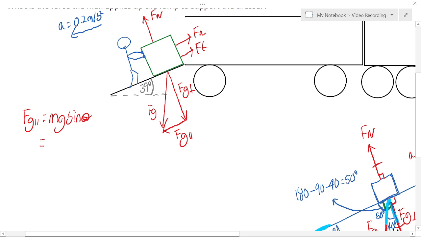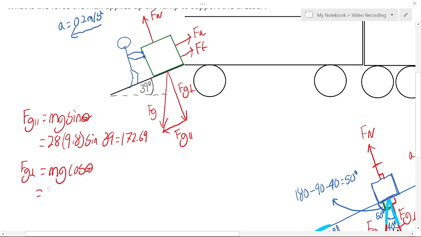In this case, FG parallel is equal to 28 kilograms, that's the mass of the dresser, times 9.8 times sine of 39, because the angle the ramp makes is 39. Once we put that in our calculator, we get 172.69.